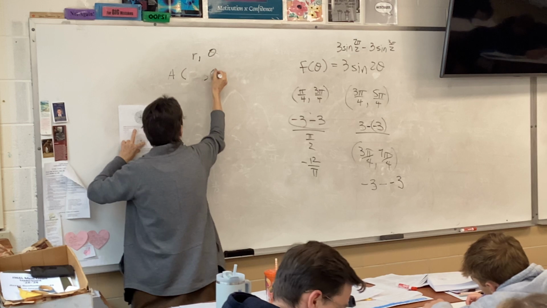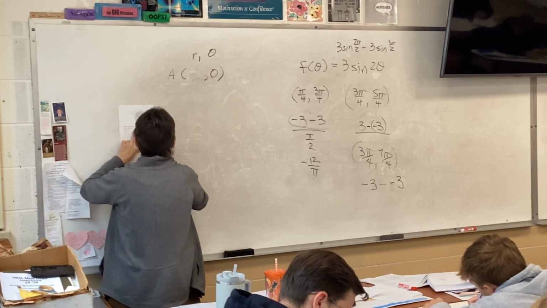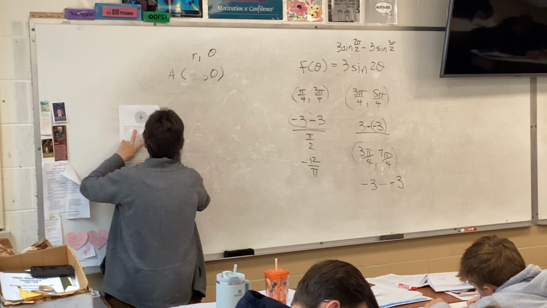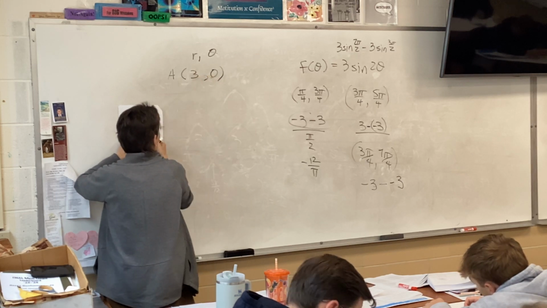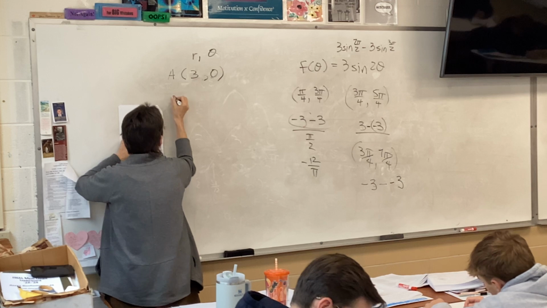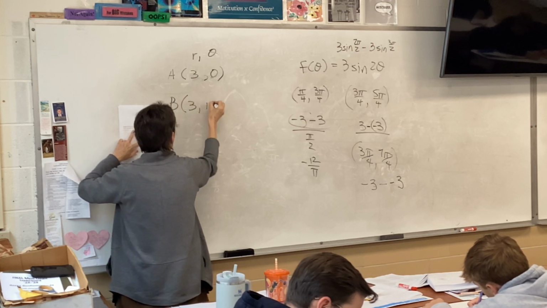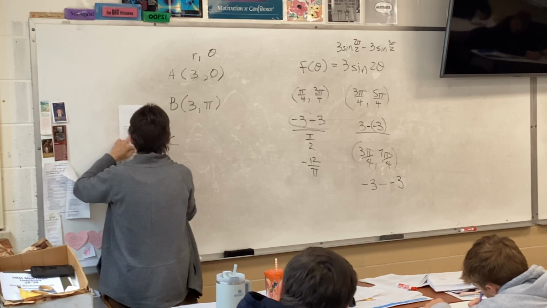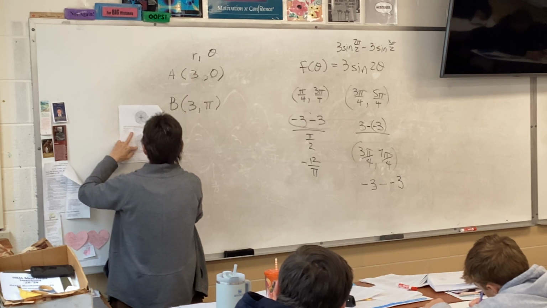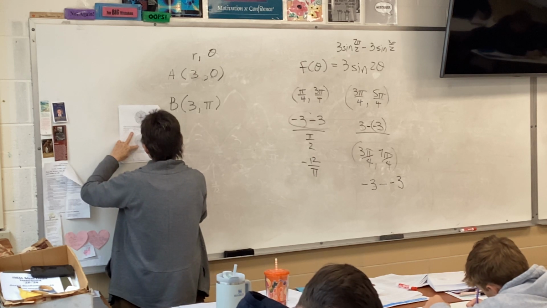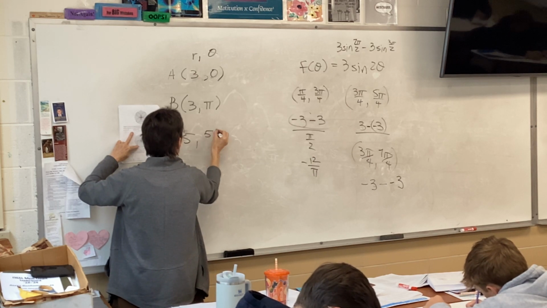A is the point, what is that? 2 point or 3? I'll just round it off, say 3. A is the point 3 comma 0. B is the point 3 comma pi. C is the point, I'll just say 5 comma 5 pi over 4.